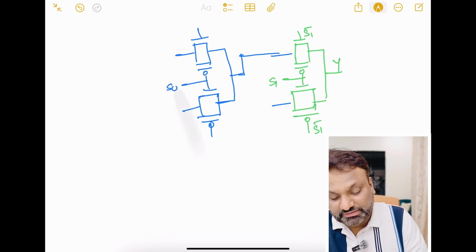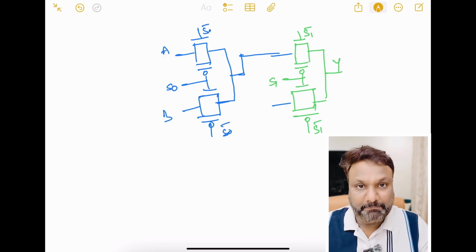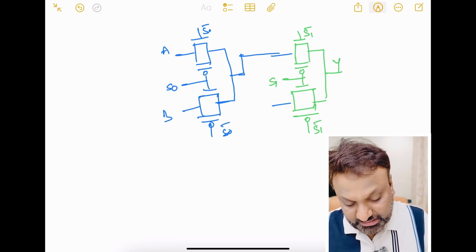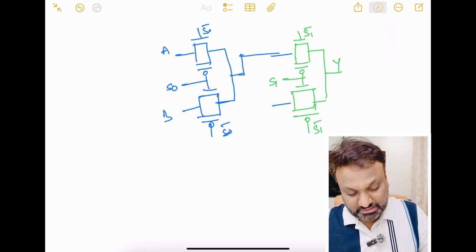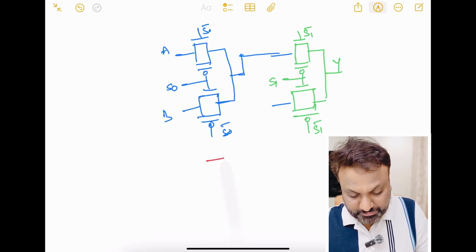Here S0 was given, so this will be S0 bar, this will be A and this will be B. The third transmission gate is like this.